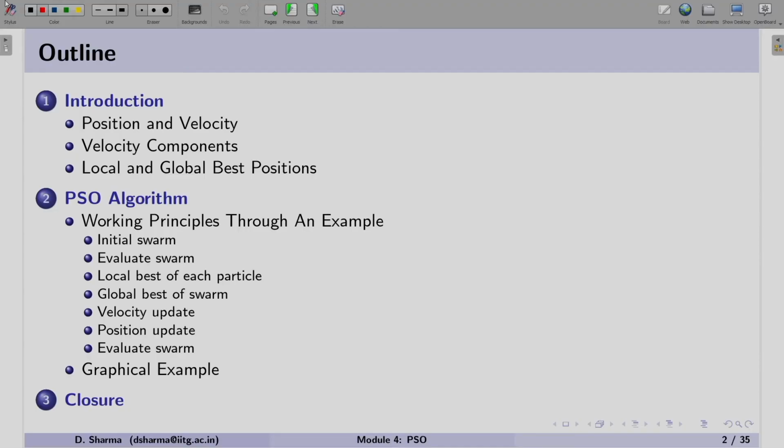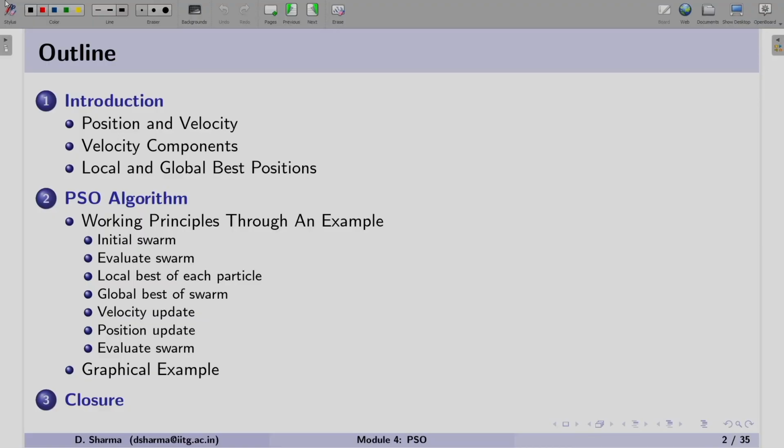Thereafter, we will understand this algorithm through an example. The working principle of PSO will be understood through the Rosenbrock problem, and in this problem we start with an initial population, followed by the features that are distinct from the other EC techniques.